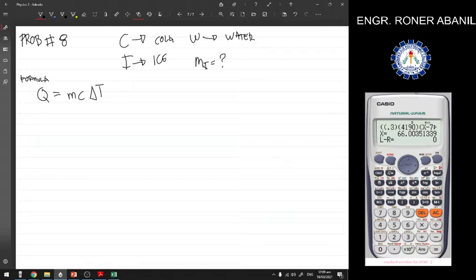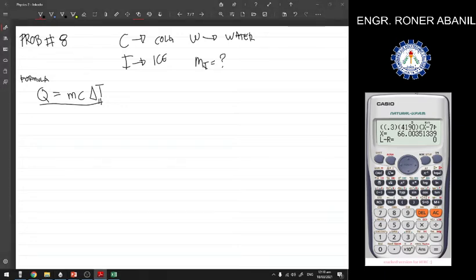Itong formula to is gagamitin para doon sa amount of heat involved in cooling the drink. Gagamitin natin to para sa cooling. So, iba naman yung formula ang gagamitin natin para doon sa melting ng ice.